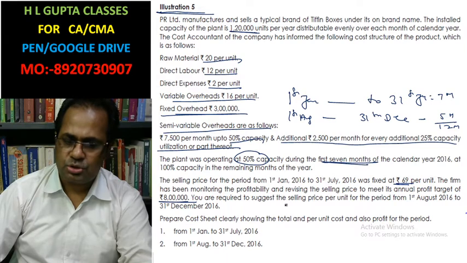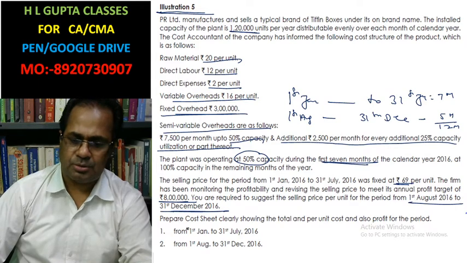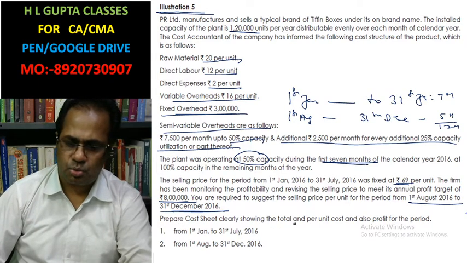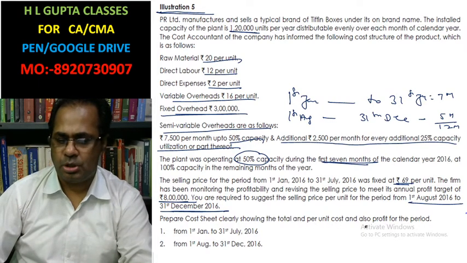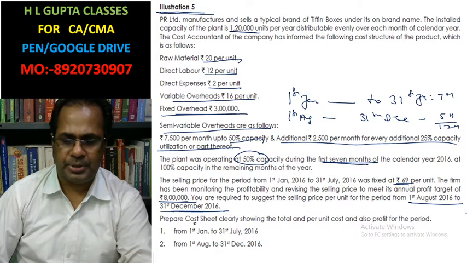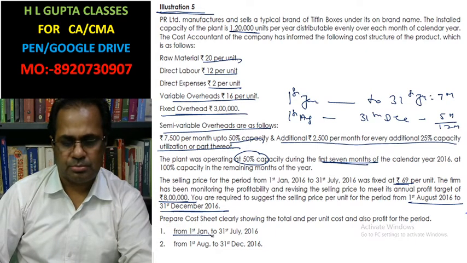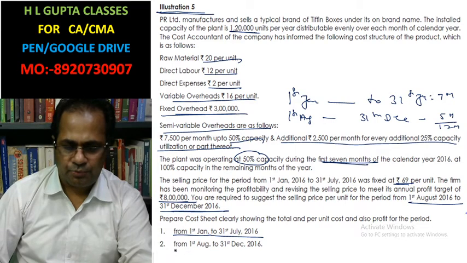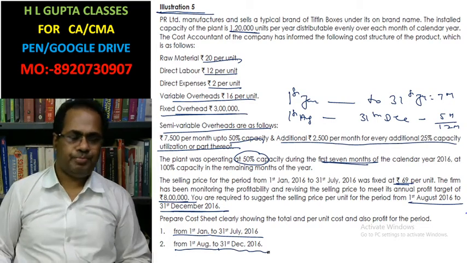You are required to suggest the selling price per unit for the period 1st August 2016 to 31st December 2016, and prepare the cost sheet clearly showing total cost, cost per unit and profit for the period.